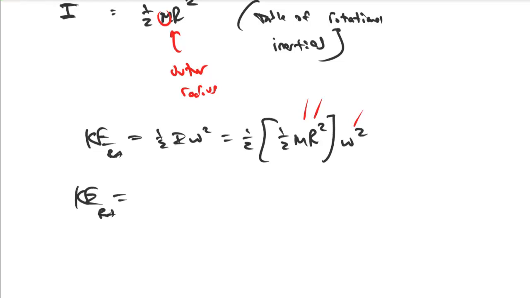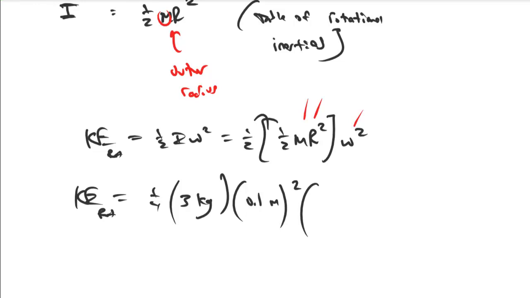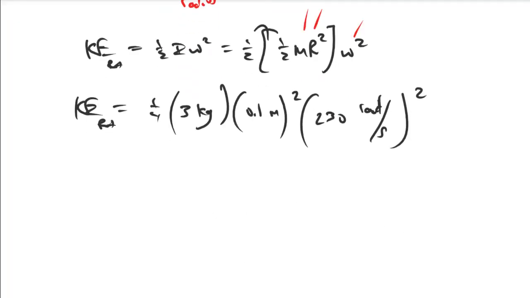And so this becomes 1/4 times the total mass, 3 kilograms, times the radius, 0.1 meters, squared, times 230 radians per second, squared, and this rotational kinetic energy is equal to 397 joules.